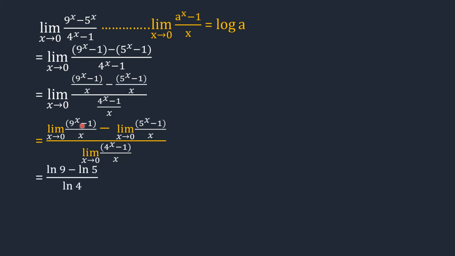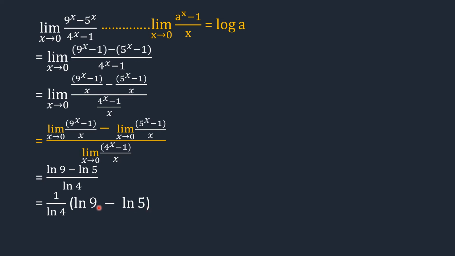See here, for this we have written log 9, for this we have written log 5, and for this we have written log 4. Now ln 9 is same as log 9 to the base e. In the next step, we will write 1 over ln 4 into bracket ln 9 minus ln 5.